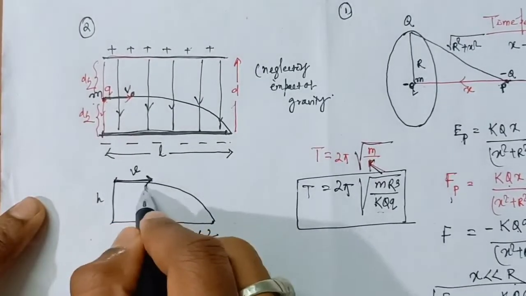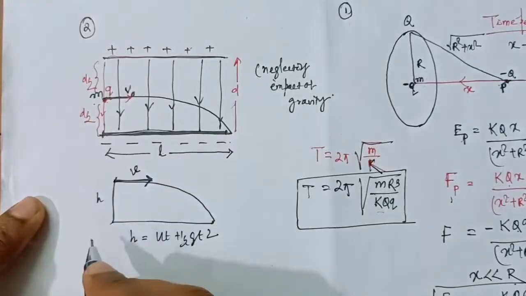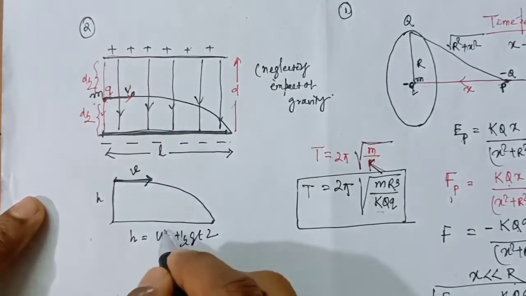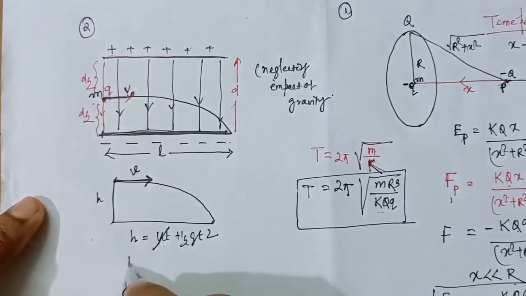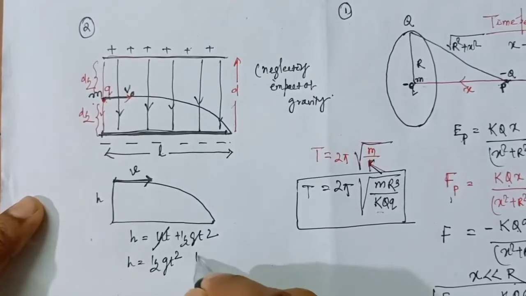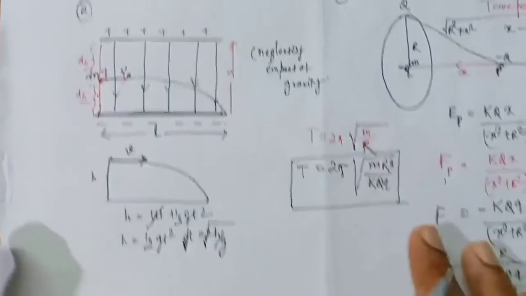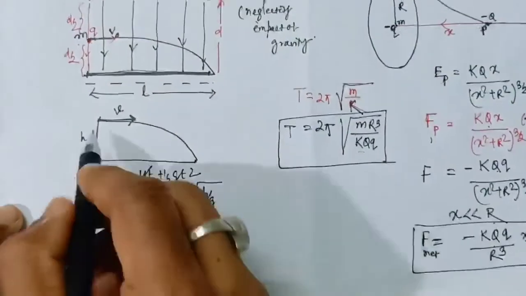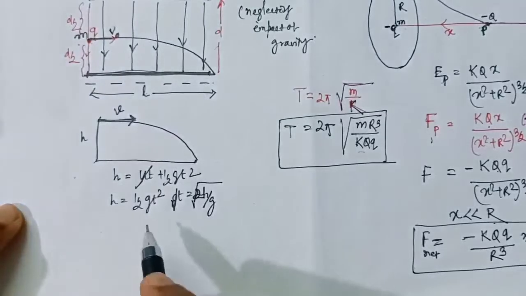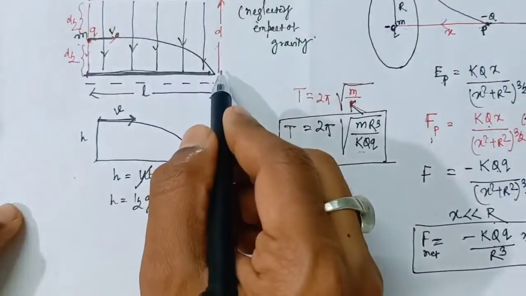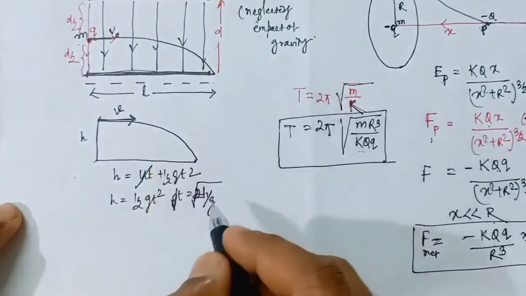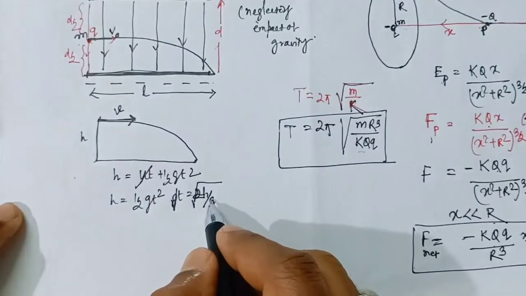This is only horizontal velocity, there is no vertical velocity at this instant, so that term is 0. So h equals half gt squared, so t equals root of 2h by g. A student must be very aware, when this kind of scenario is given, that the time taken by the particle to reach the bottom is root of 2h by g.